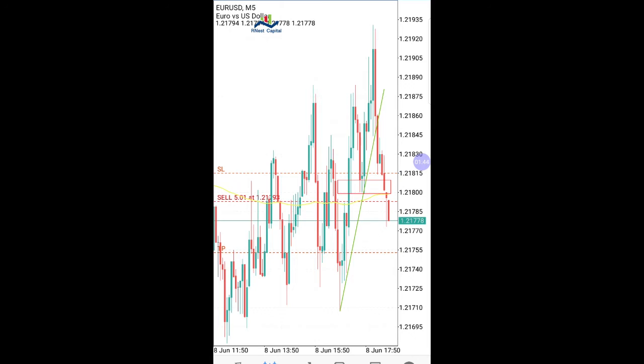Okay. All right, so let's see how it goes. I've entered my trade. I've set my take profit. I've set my stop loss. That's it.